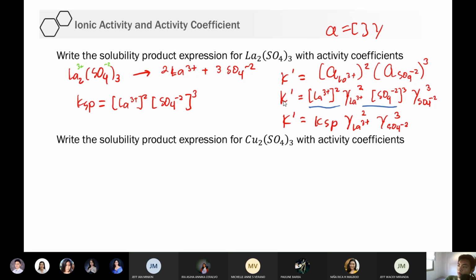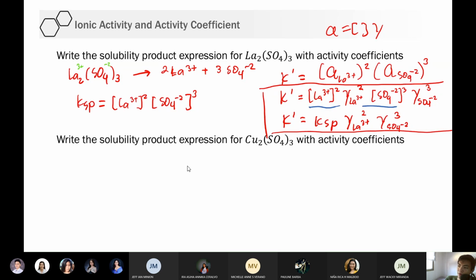So these are two ways to write the solubility product with activities. You can use this or you can use this. On this part, we just combined the concentrations as the KSP, and then we excluded the gammas.